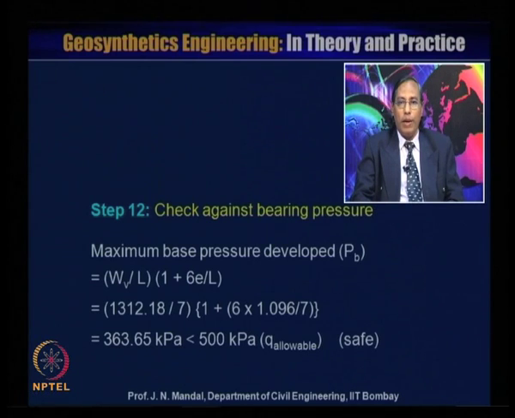Maximum base pressure developed PB is equal to WB by L into 1 plus 6E divided by L. That means WB is given 1312.18 divided by L 7 into 1 plus 6 into E 1.096 divided by L 7. So this is 363.65 kilopascal, which is less than 500 kilopascal, that is Q allowable. So this is the check against bearing pressure and it is safe.